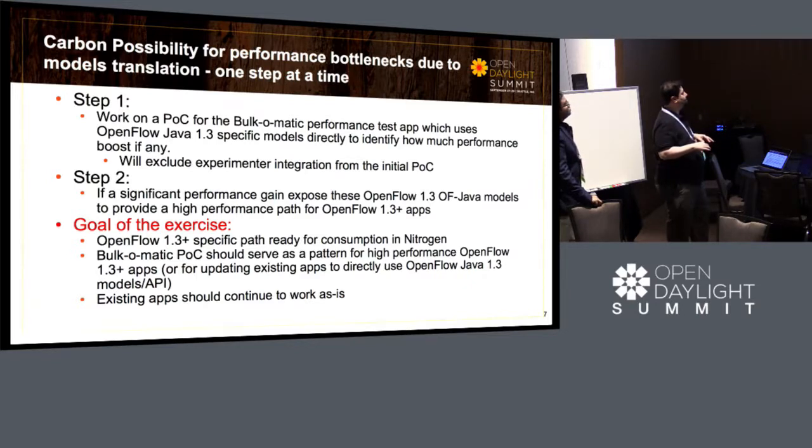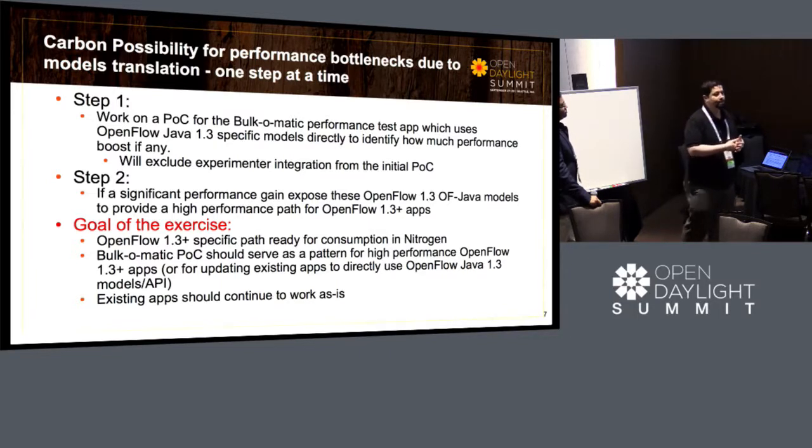So the idea should be that the existing apps should continue to work as is without any code changes, but if they choose to. I mean, most likely they will not choose to, because there are 20 plus projects which are dependent on the OpenFlow plugin, and it's unlikely that most of them will actually change their code.